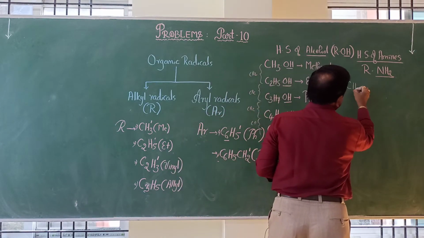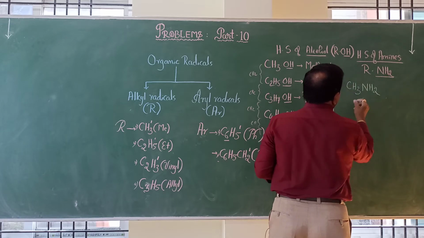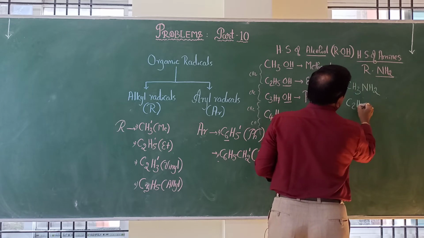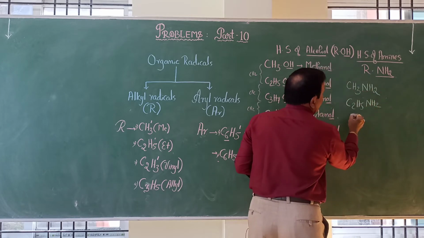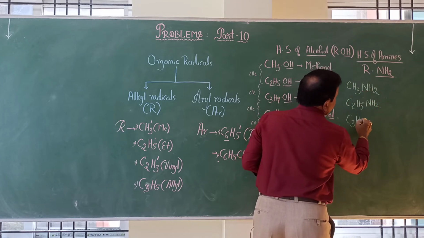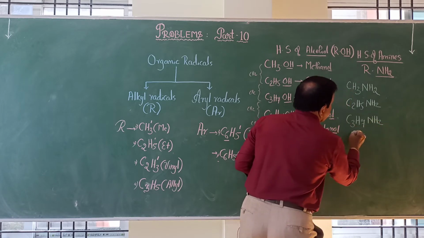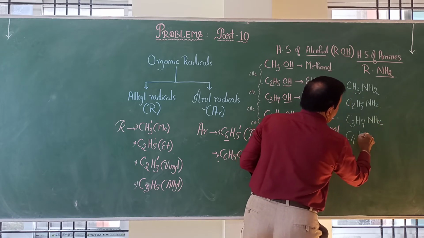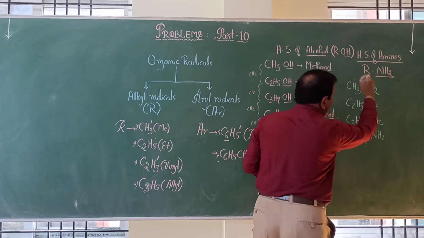So CH3NH2, methylamine, C2H5NH2, ethylamine, C3H7NH2, propylamine, C4H9NH2, that will be butylamine.